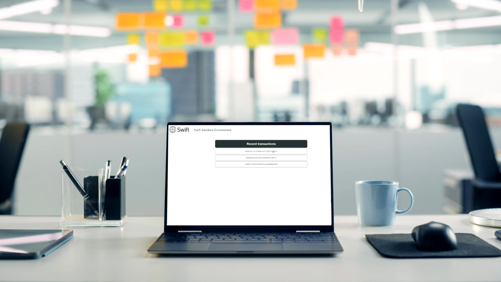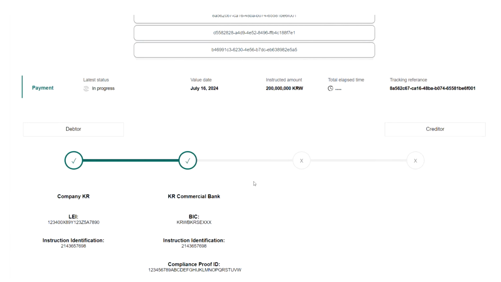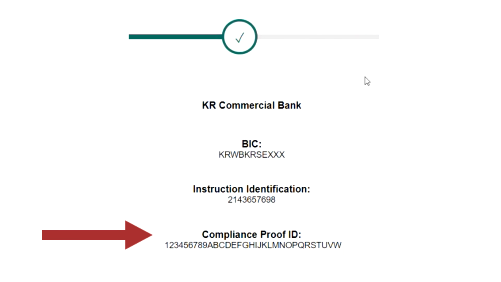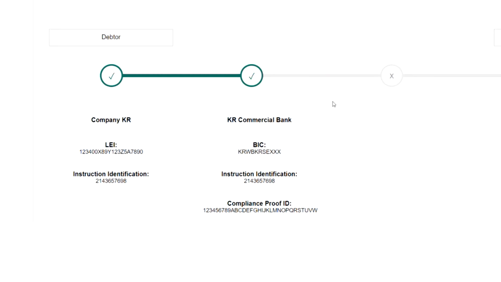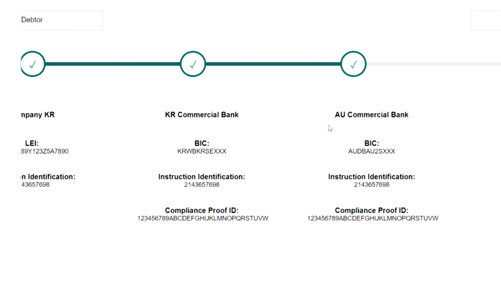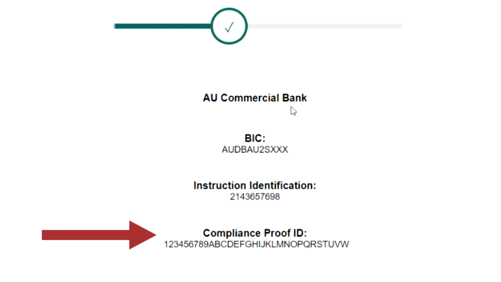The compliance check ID is embedded into the SWIFT message, such as a PAX 008, which is used for the credit transfer transactions between customers. Every institution in the payment chain can read the compliance check ID from the SWIFT message and access their Mandala system to retrieve the proofs.